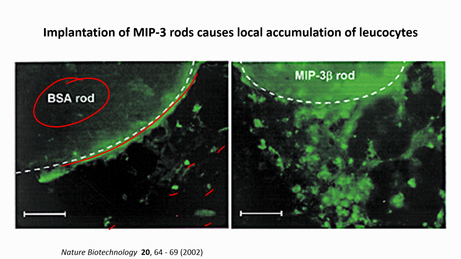Actually, green is leukocytes, so dendritic cells as well as some other immune cells. And if they have a MIP-3 alpha rod, you see quite a large influx of leukocytes and immune cells coming to this site. So just reinforcing that, yes, you can actually create a depot and have immune cells come to that depot if you release these chemoattractants.